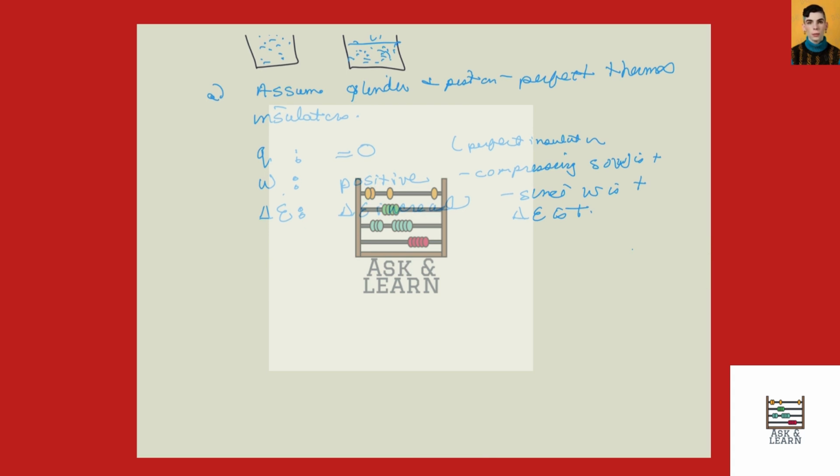For B, this time we're going to have the cylinder and the piston are conductors.